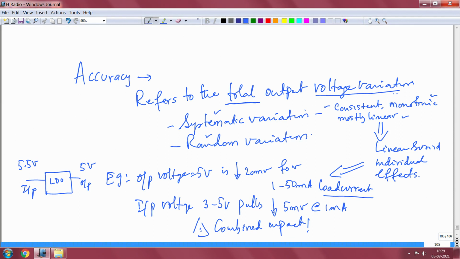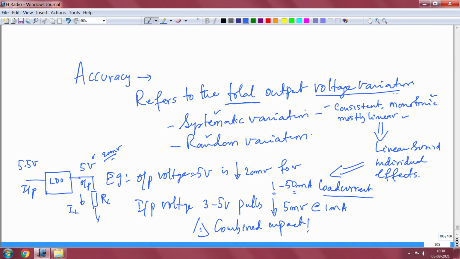Now the point is this: if the output voltage is 5 volts and you connect a load resistor, and the load current flowing in this is anywhere between 1 and 50 milliamperes, the output voltage drops by 20 millivolts. This is one parameter which you can consider straight away. So it is slightly lower than 5 volts, roughly 20 millivolts less than 5 volts, for a load current of anywhere between 1 to 50 milliamperes.